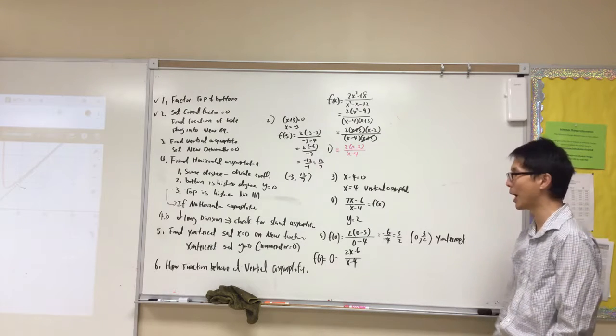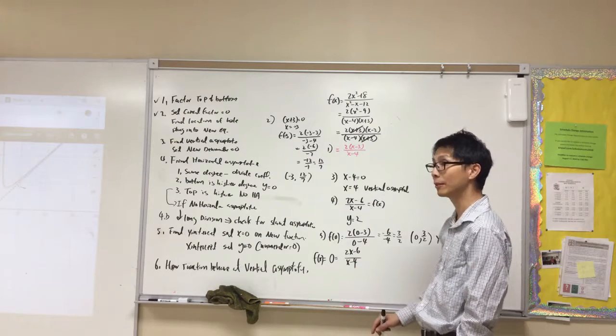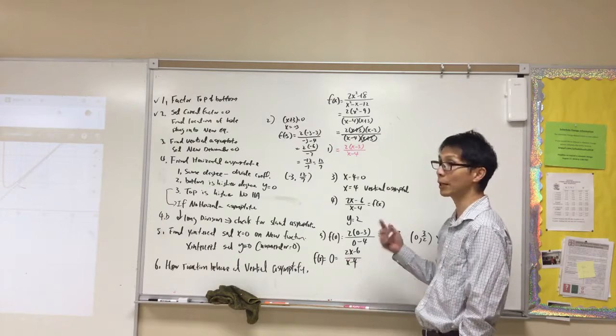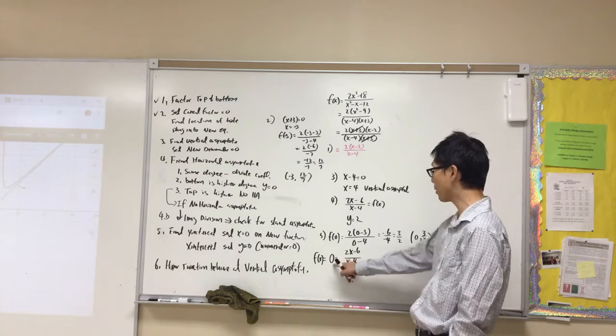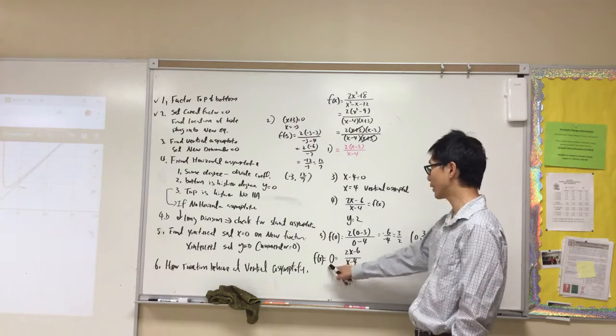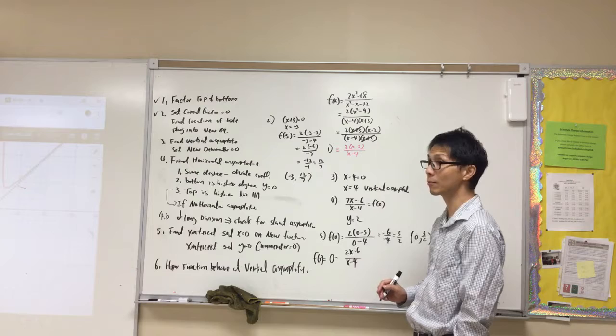You can do that. What will happen if you multiply x minus 4 on both sides? You're going to get 0 equal to 2x minus 6, right?